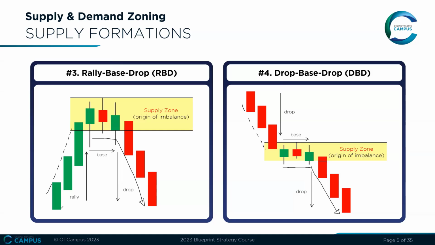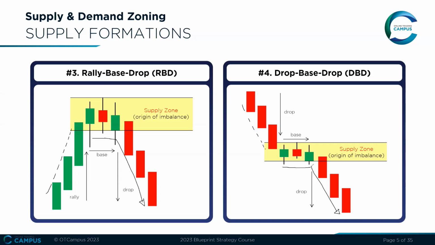In terms of the trading terminology, what really matters is that if we're looking for supply, we're trying to identify where the willing sellers really took over. And most of the time, we can see that if we look for a base followed by a large decline in price.